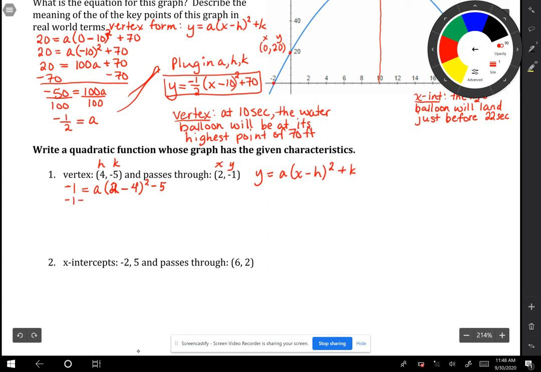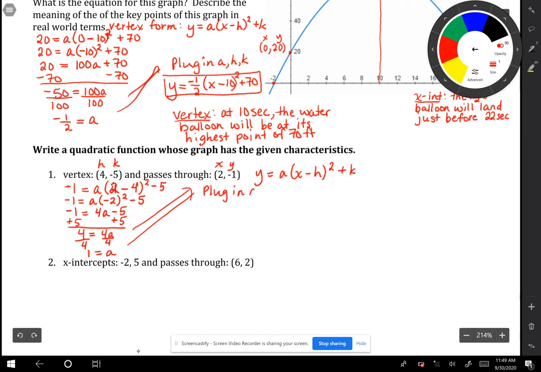Okay, so that's -1 equals A times -2 squared minus 5. -1 equals positive 4A minus 5. Add 5, add 5. 4 equals 4A. Divide by 4. A equals 1. Now replace it.